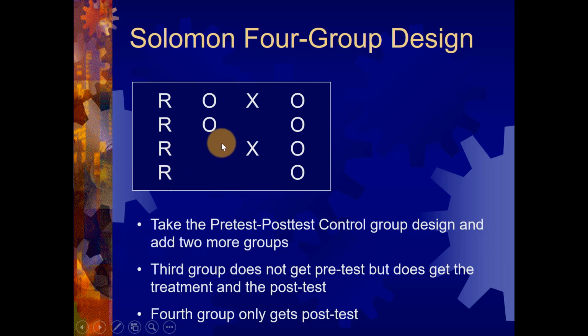One is, if you recall back to the validity and reliability video, I was talking about the multiple testing effect, which is the idea that just by taking a pretest, that can somehow affect performance on the post-test outside of any effects of the intervention itself.